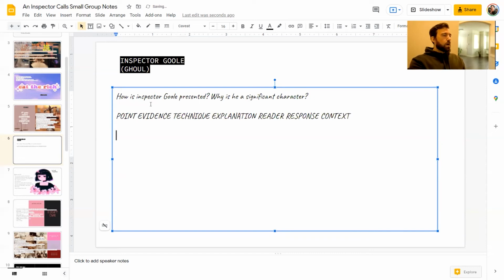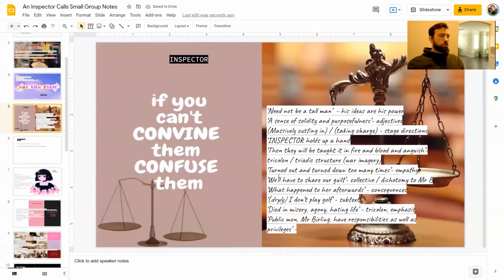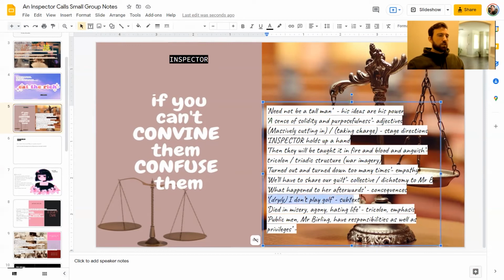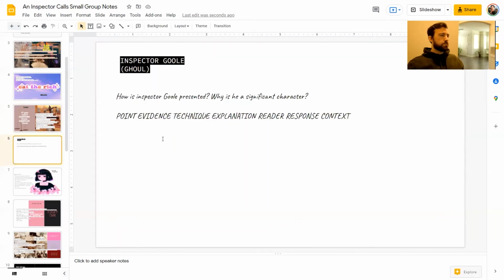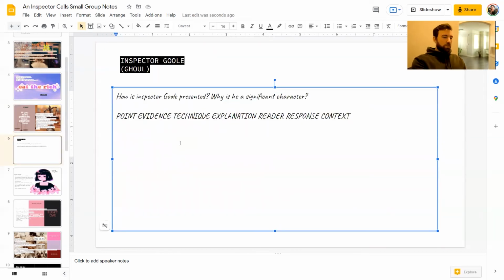So the quote that I am going to look at is going to be effectively how he represents social responsibility. And I'm going to talk about "I don't play golf," and I'm also going to talk about his sense of solidity, okay? So we'll start off with our point.